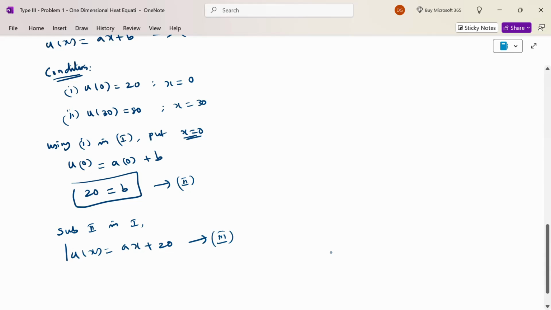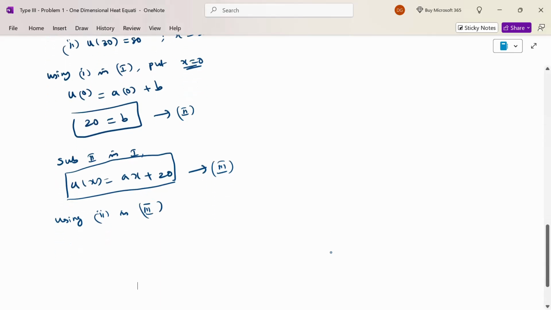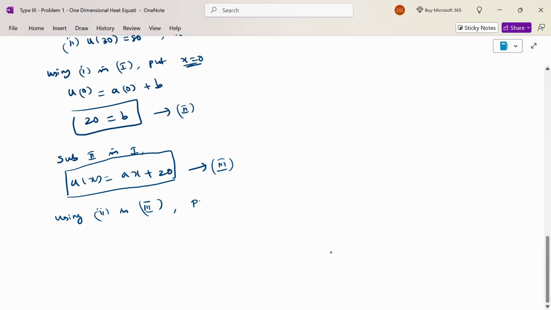And then using condition 2 in equation number 3, the second condition, x equal to 30.